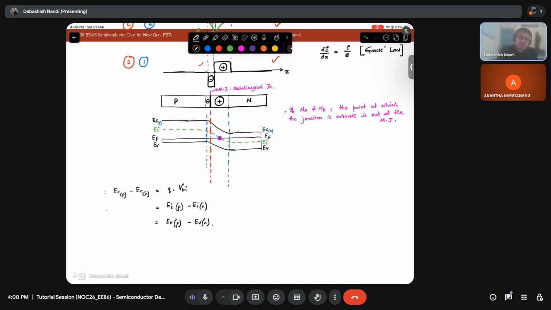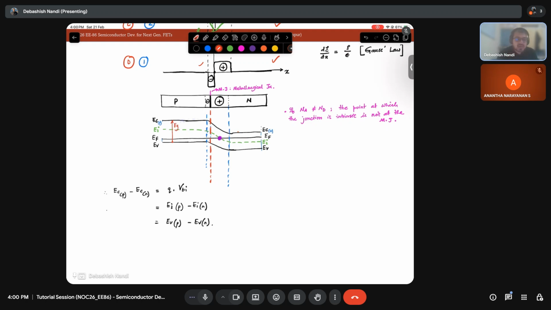Can I take any of the lines? I can, right? Because this is the band gap, which is a material property.